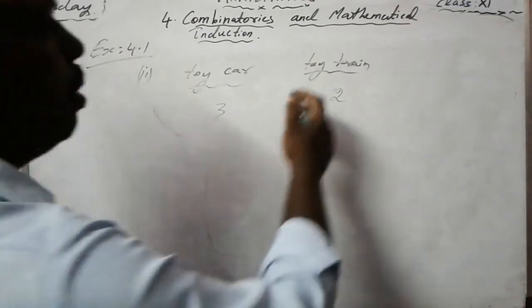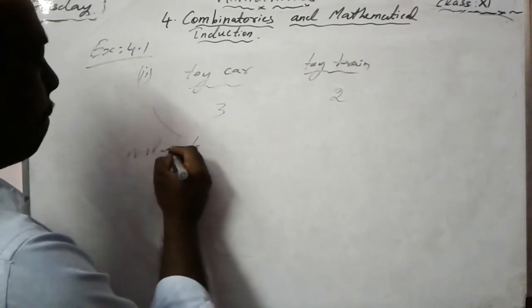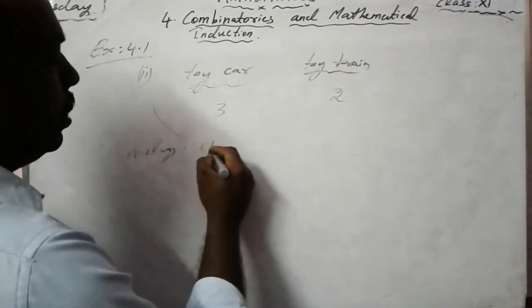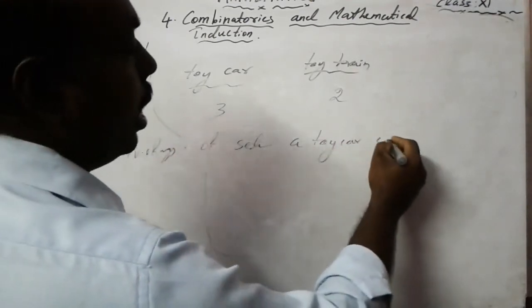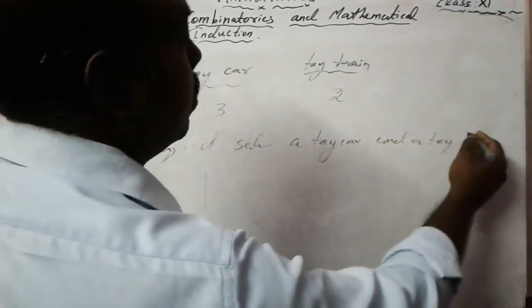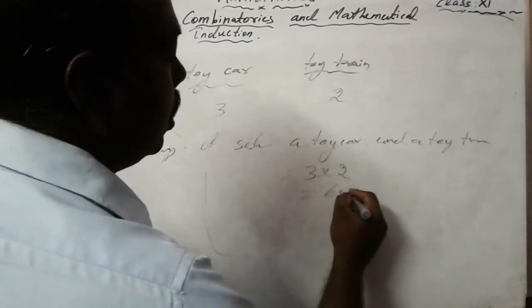Find the number of ways a baby can buy a toy car and a toy train, both. Number of ways of selecting a toy car and a toy train equal to 3 into 2, that is equal to 6 ways.